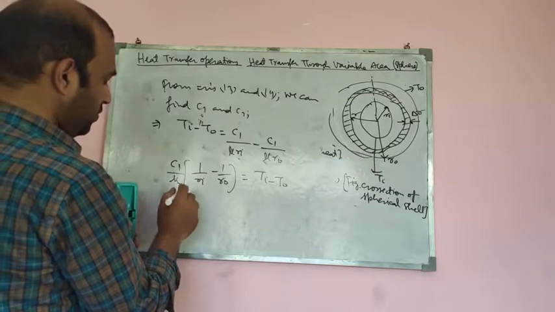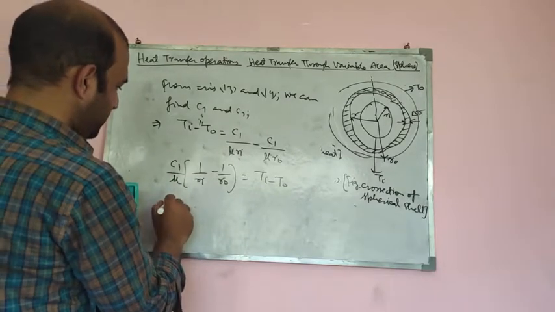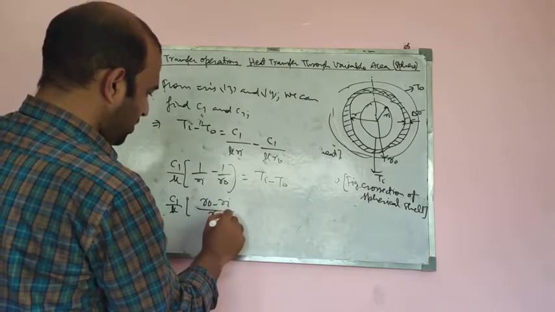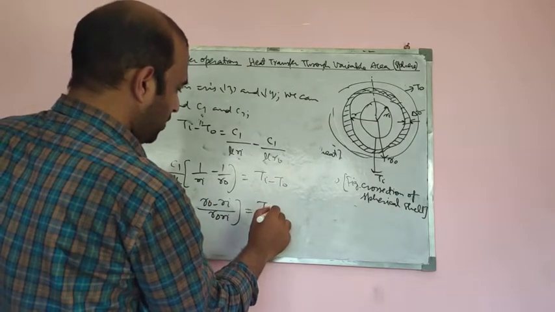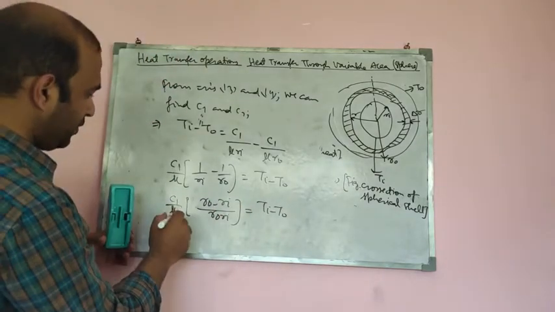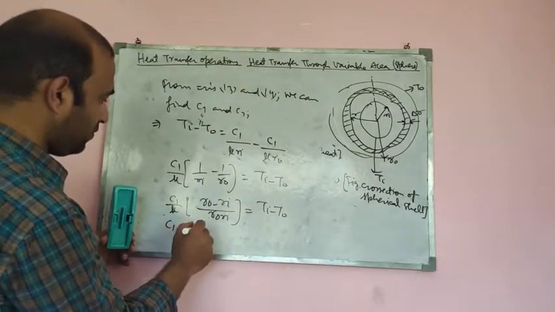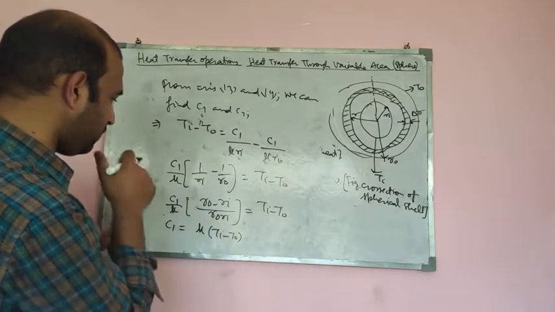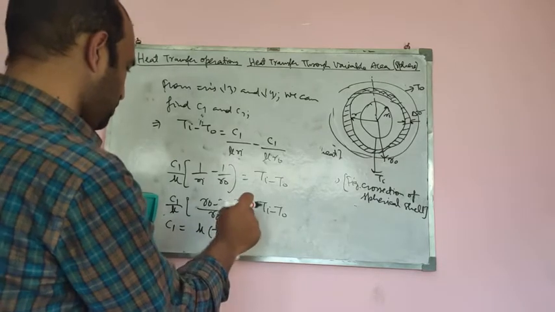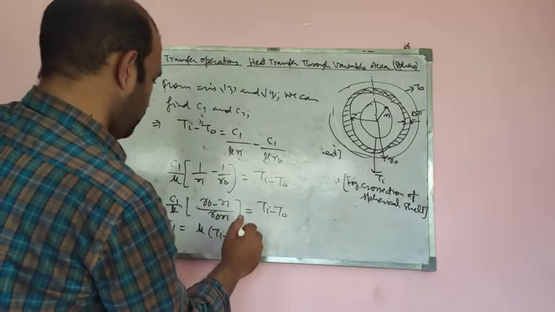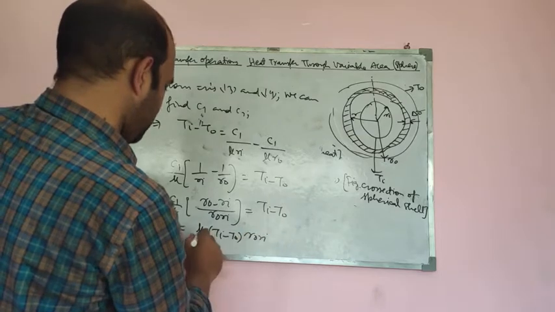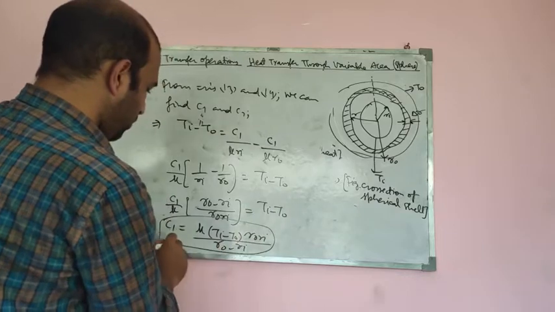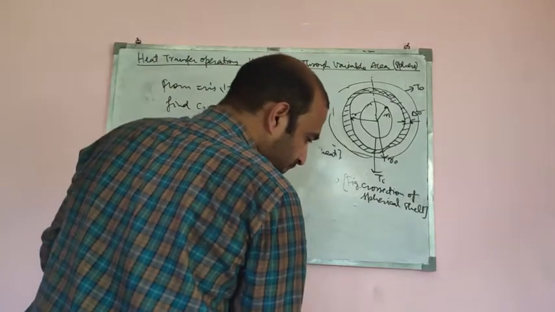So it will be C1 by k, this will be r naught minus ri divided by r naught ri, which will be equal to Ti minus T naught. So from here you can write C1 is equal to k Ti minus T naught, also this will be r naught ri divided by r naught minus ri.